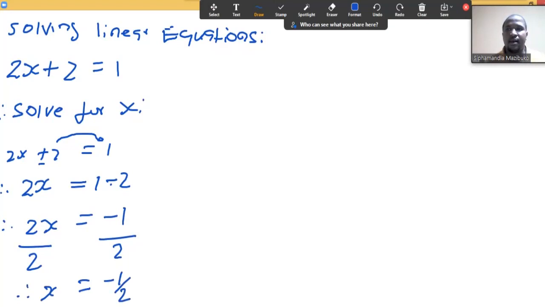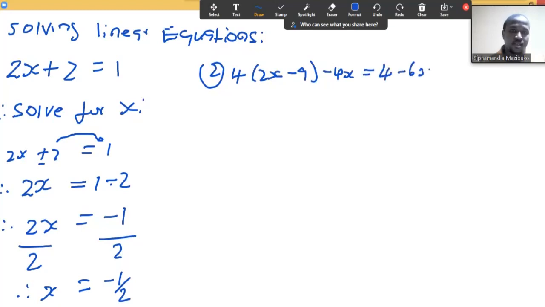Okay, let's look at the second example. In this case we have 4 times (2x minus 9) minus 4x is equal to 4 minus 6x. Here we need to expand first before we can solve for x.